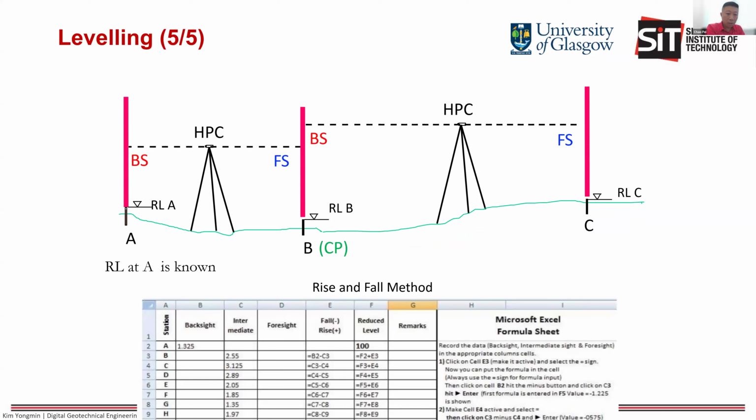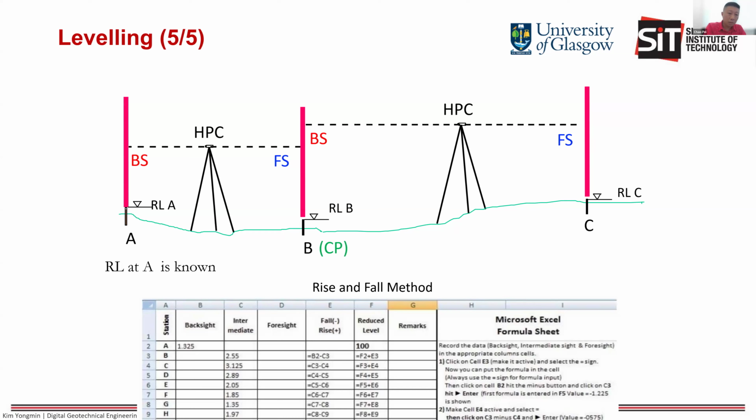Okay, so here I would like to introduce the rise and fall method, how to calculate the point C level from point A. Like what we introduced just now, point A is the benchmark. The reduced level you already know. Then you shift to point B, and point B gives you a foresight, the first foresight.